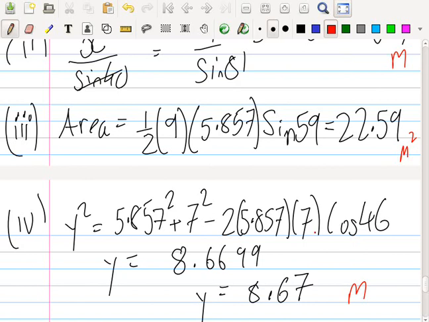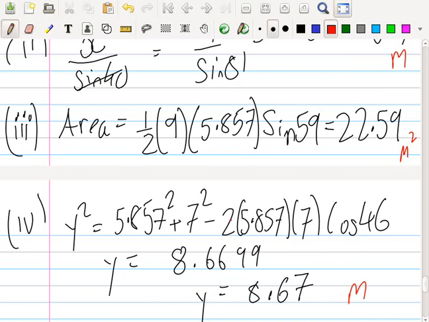Yeah, it's exactly the same thing. And your calculator's in degree mode? Yeah. Alright, let's do this one more time. 5.857 squared, yes?